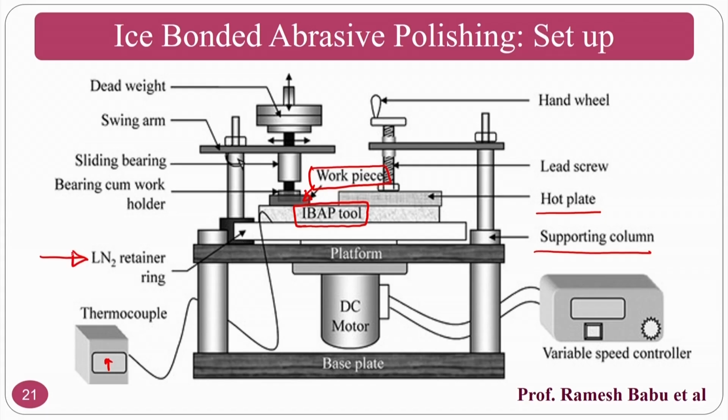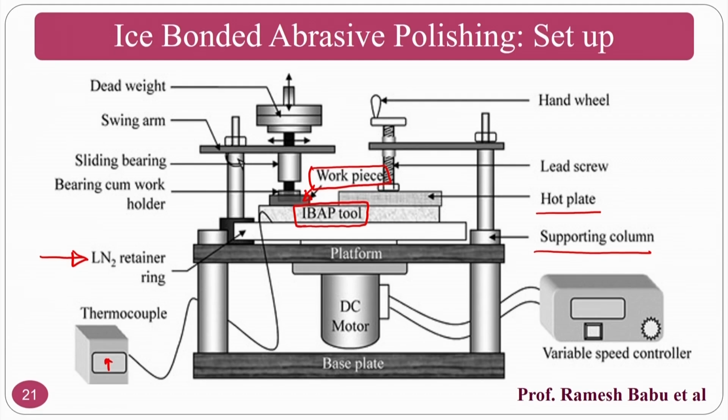This liquid nitrogen is normally at a temperature below minus 100 degrees. So, it will always keep your tool very firm and abrasives intact. For that purpose, normally a liquid nitrogen ring and other things can be used.